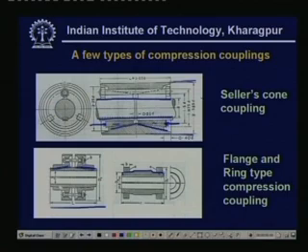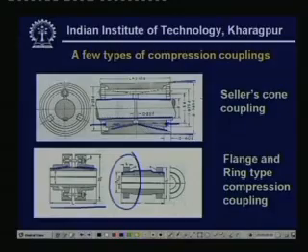Now, this is quite advantageous when we use it in outdoor conditions where there may be environmental hazards, and the whole coupling may rust. So, it will be very difficult to disassemble them. If you use such a coupling, then it is quite easy to disassemble the entire shaft and the coupling. So, these are some of the advantages of the ring type compression coupling.